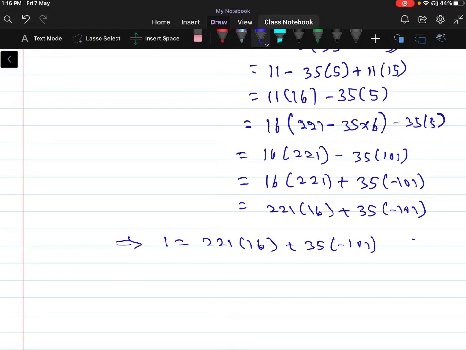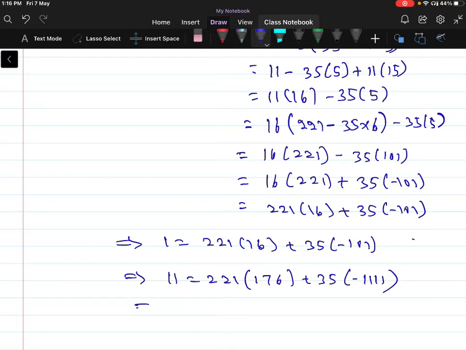So let us multiply by 11. So this implies 11 is equal to 221 into 176 plus 35 into minus 101 multiplied by 11. So we will get 4 ones.